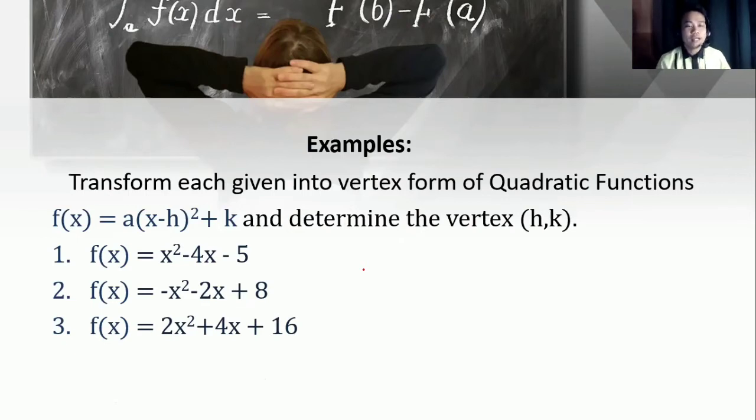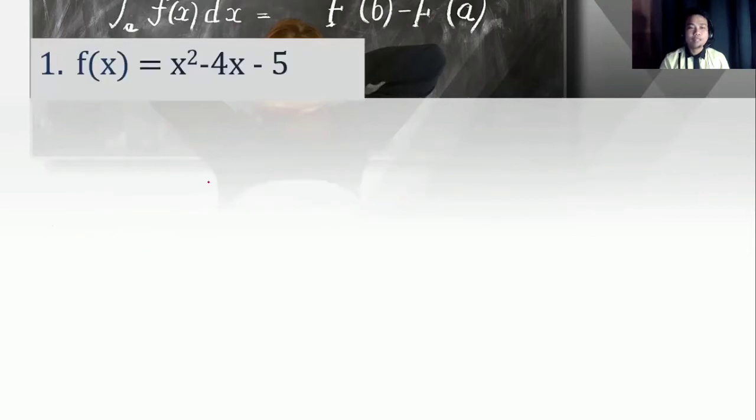So we have 1, f of x is equal to x squared minus 4x minus 5. We have number 2, f of x equals negative x squared minus 2x plus 8. And we have number 3, f of x equals 2x squared plus 4x plus 16. Are you ready? So, let us proceed to example number 1.